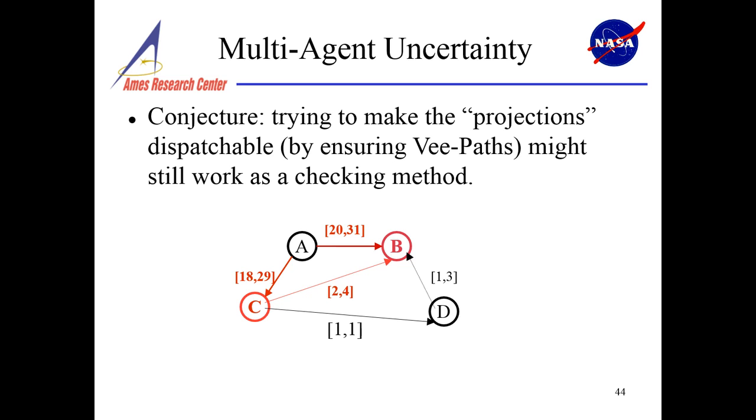It's not exactly the same as an STNU, where you can consider the extreme projections where every constraint is active, either in its lowest form or upper form. In general, because of these interactions, some of the constraints might not be active. So I think it would be a more complicated situation.